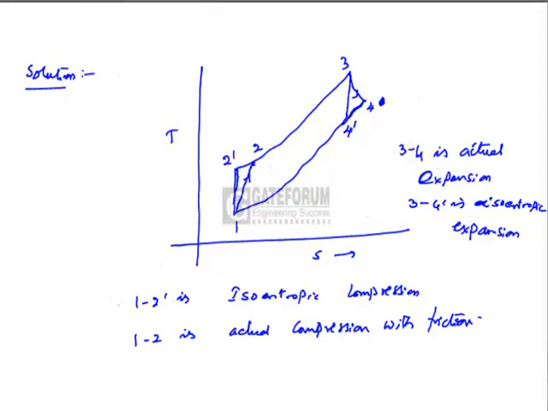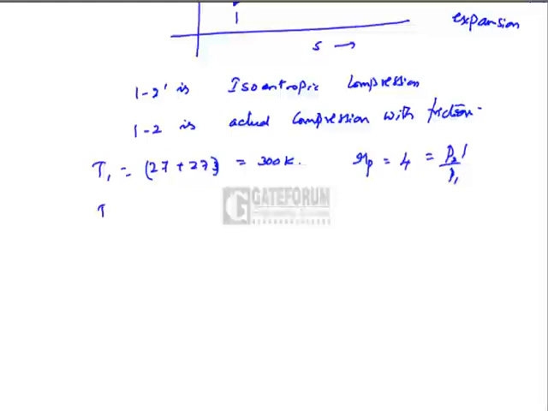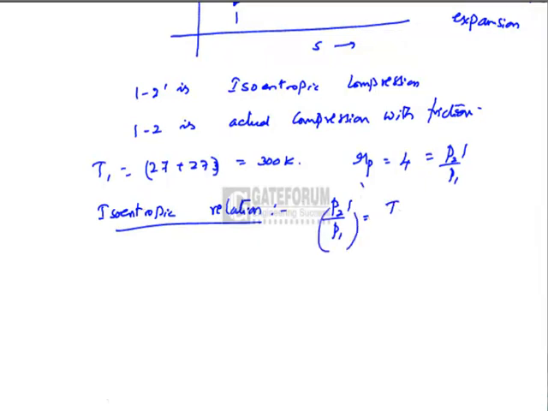First of all, let us calculate T2 dash from the given data. T1 is given as 27, which when converted into Kelvin becomes 300 K. Pressure ratio is given as 4, that is P2 dash by P1. Let us write the isentropic relation between 1 and 2 dash: (P2 dash by P1) to the power (gamma minus 1) by gamma is T2 dash by T1.